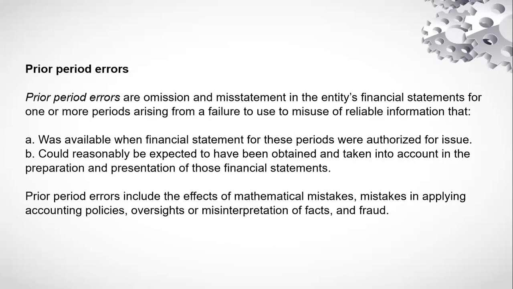They are omissions and misstatements in the entity's financial statements for one or more periods arising from a failure to use or misuse of reliable information that was available when financial statements for these periods were authorized for issue and could reasonably be expected to have been obtained and taken into account in the preparation and presentation of those financial statements.